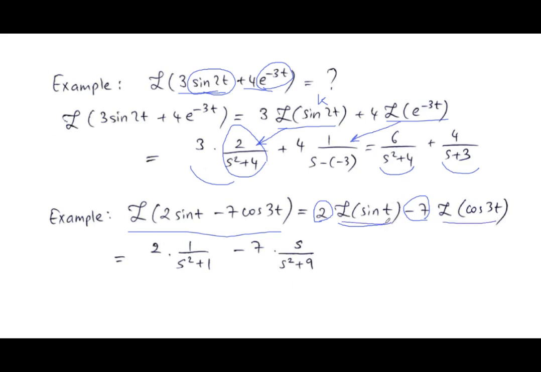This is already done in a previous example, the Laplace transform for the sine of kt, and here k equals 1. So we have 1 over s squared plus 1. So the first Laplace transform expression is here. And then for this one, we also write down this expression, s divided by s squared plus k squared, and k equals 3 here.